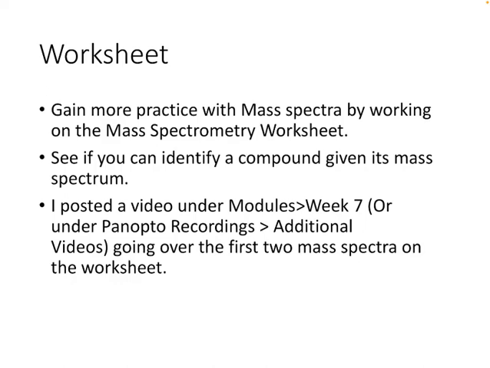So you'll have to figure out the molecular formula, and then you'll also want to try to rule out any possible functional groups or halogens or nitrogens, etc. And then try to figure out the structure. I posted a video under modules week 7, or you can find this under Panopto recordings, additional videos. And I'll go over a couple of the mass spectra with you if you need help getting started.